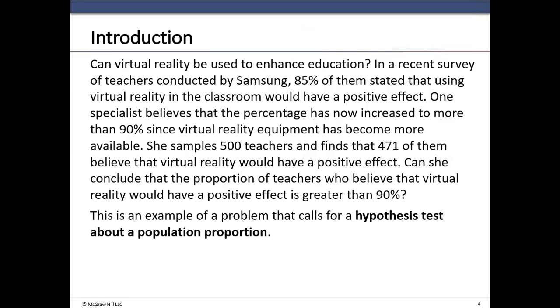She samples 500 teachers and finds that 471 of them believe that virtual reality would have a positive effect. Can she conclude that the proportion of teachers who believe that virtual reality would have a positive effect is greater than 90%? This is an example of a problem that calls for a hypothesis test about a population proportion.